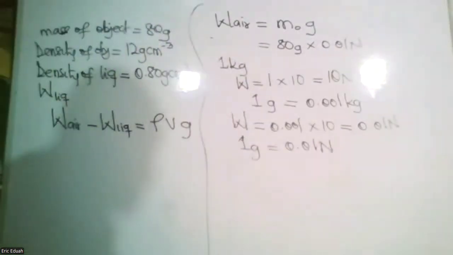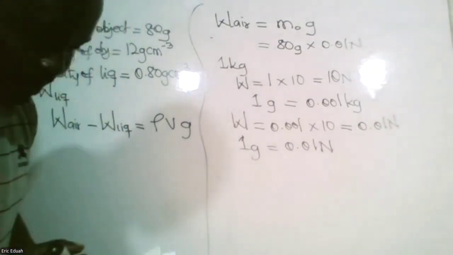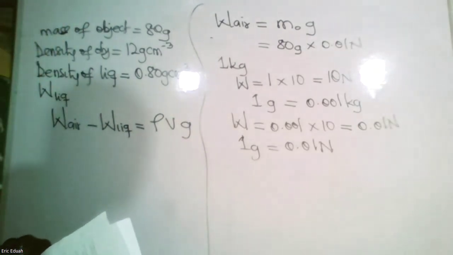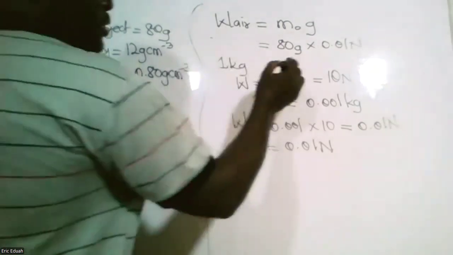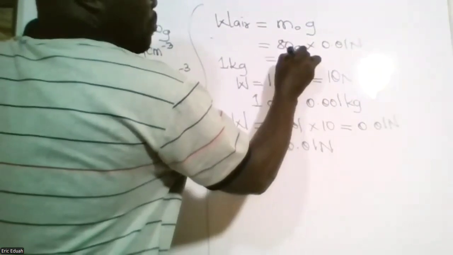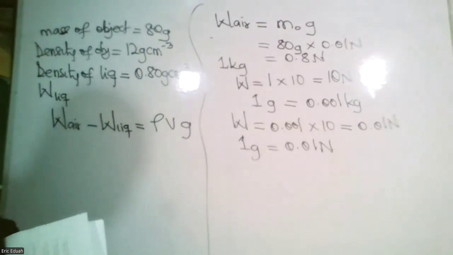Then this is converted to weight. Is that understood? Yes. Okay. So you have 0.8 Newton as the weight in air.